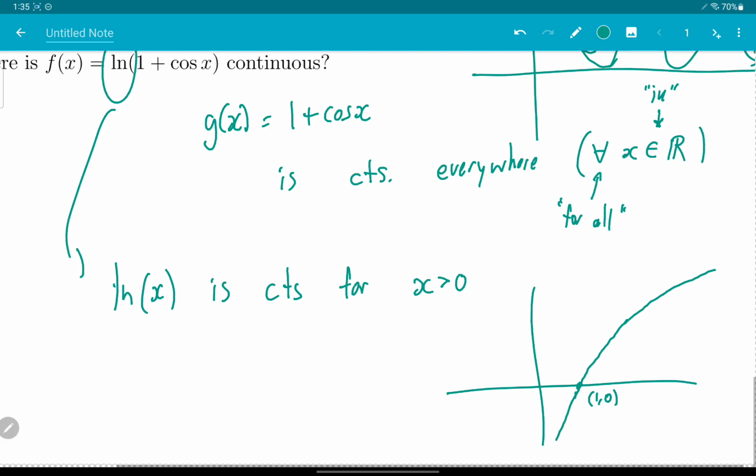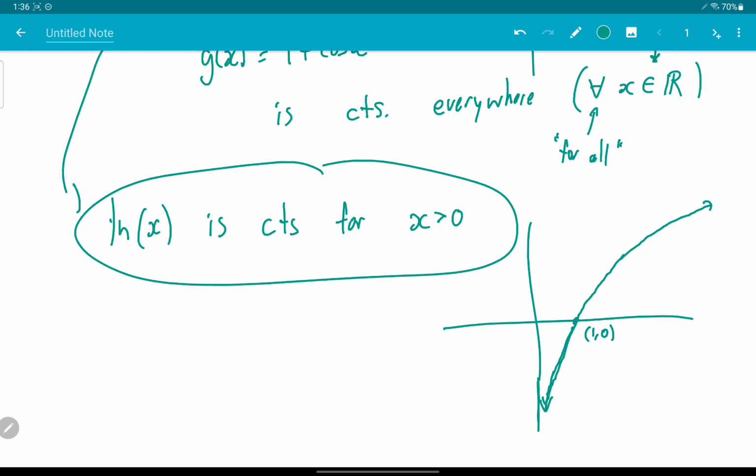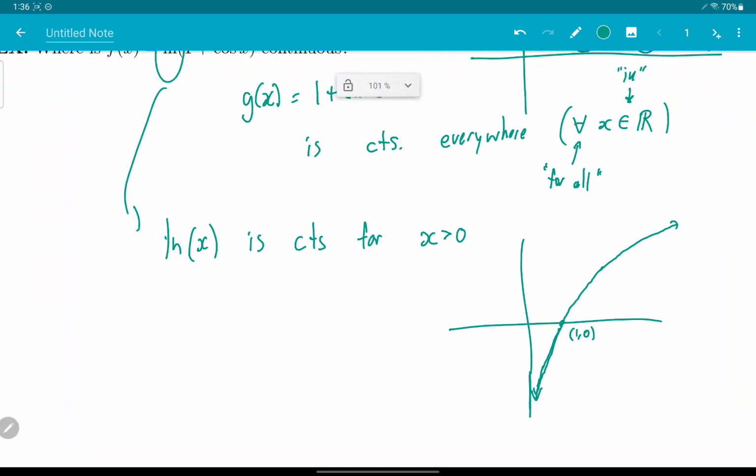And then the y-axis is what's called a vertical asymptote. So my ln function is approaching the y-axis here, but never touches it. And it doesn't exist at all over here. So that's why we have this x bigger than 0. Otherwise over here, the function can be drawn without lifting your pencil. So there you have it. ln of x is continuous for x bigger than 0.